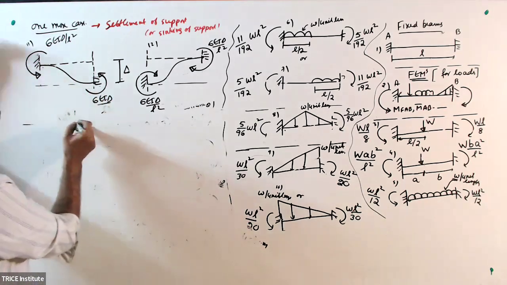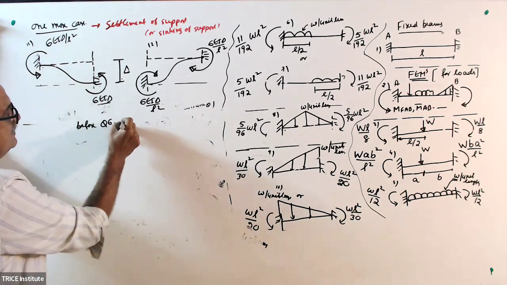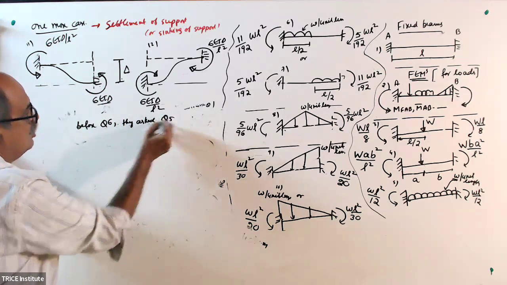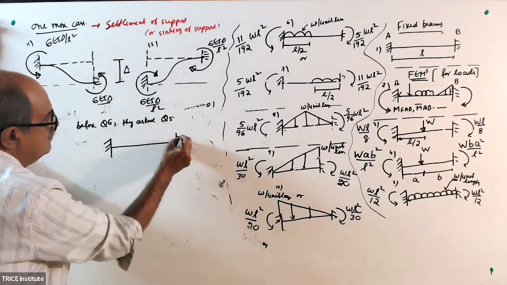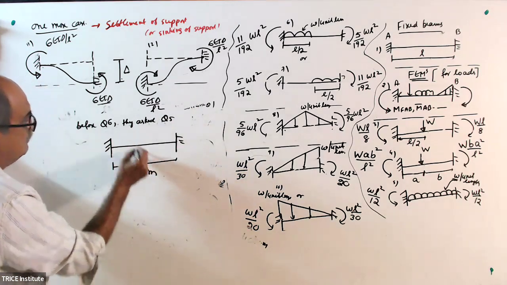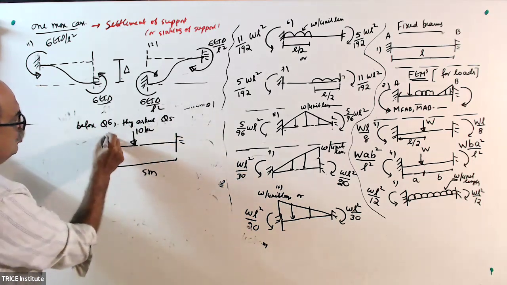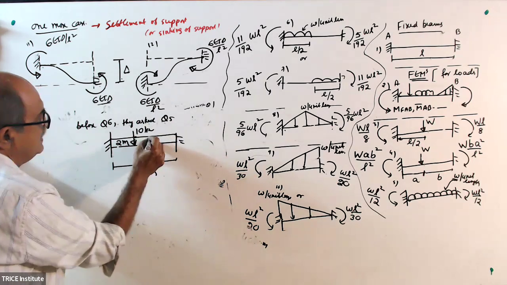See, make a note. Before question 6, they asked question 5. Question 5 was a fixed beam of span 5 meter subjected to a point load of 10 kilonewton at 2 meter from here. If that is 2 meter, this is 3 meter.